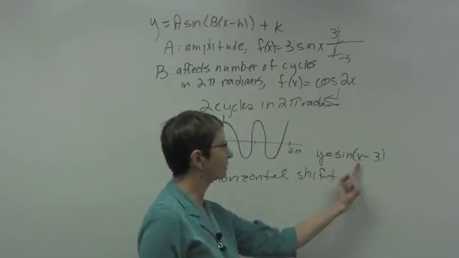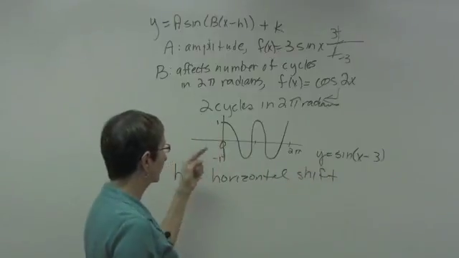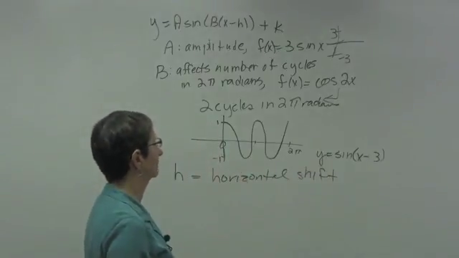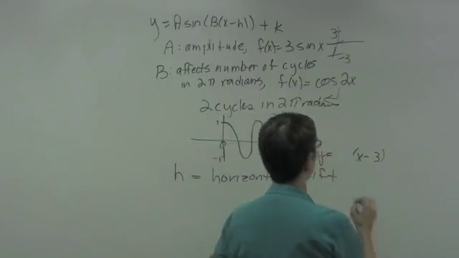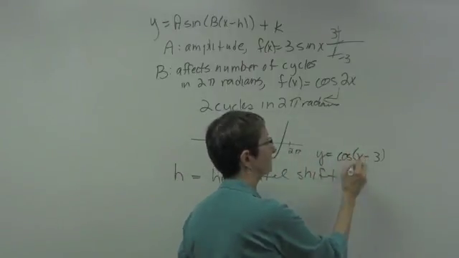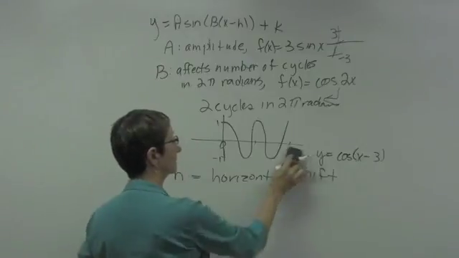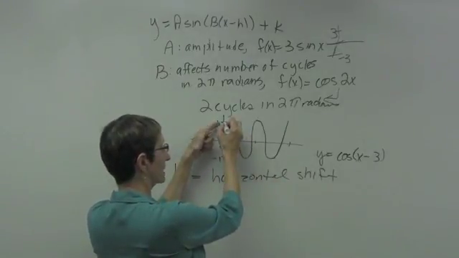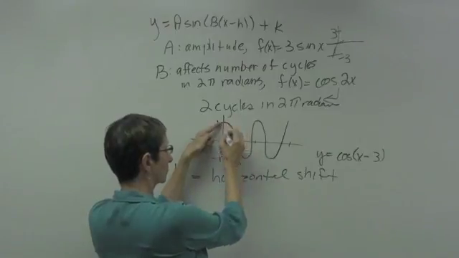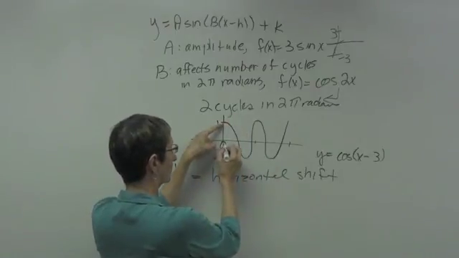That means there's a horizontal shift, and my starting point for cosine, since I already have a bit of a cosine graph up here, instead of starting at 0, would be shifted over 3 units.